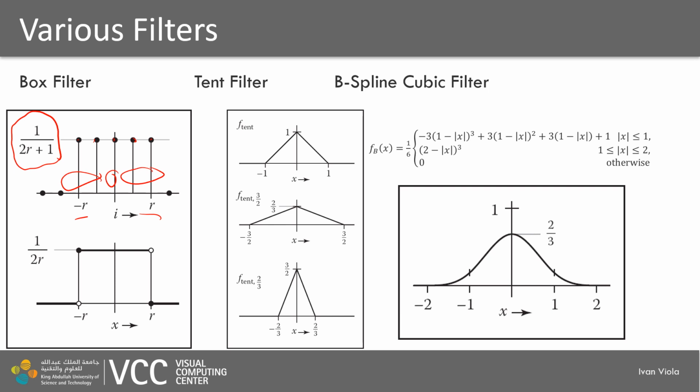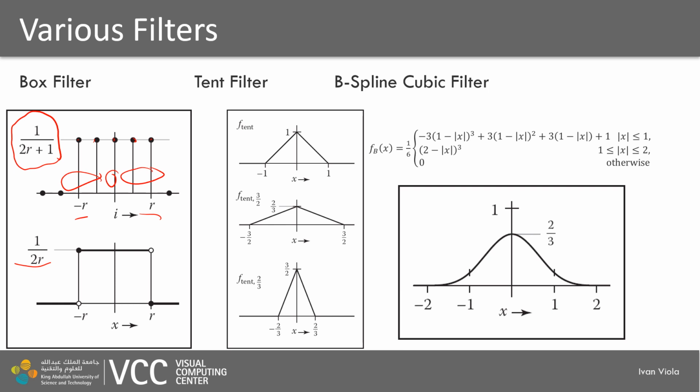In the case of a continuous box filter, we have a discontinuous function. At a particular location we suddenly have a jump in the function value, and this jump is again based on the length of our filter kernel.